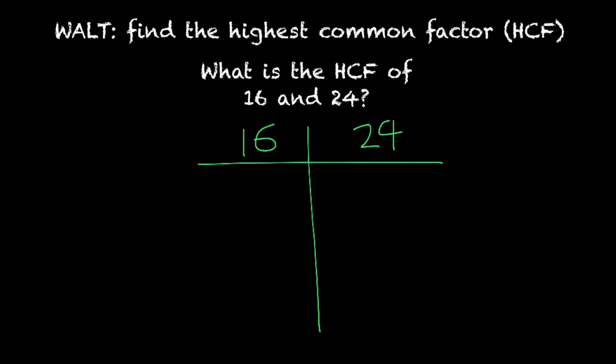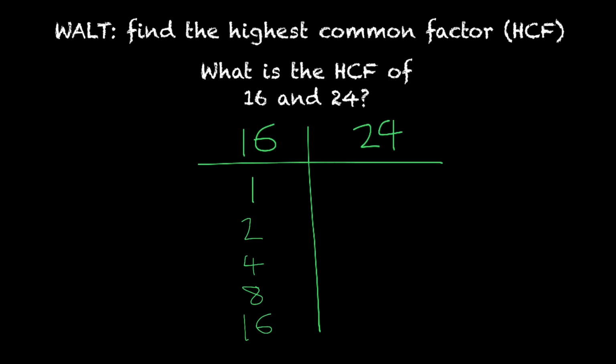Well, we're thinking about 16: 1, 2 is a factor of 16, 4, because 4 times 4, then 8, so 8 times 2, and we've also got 16, of course, 16 times 1.